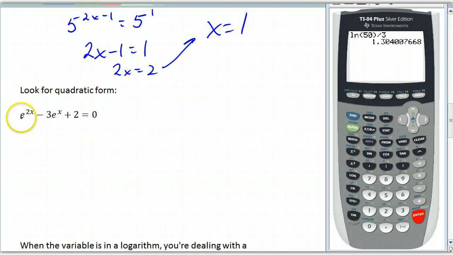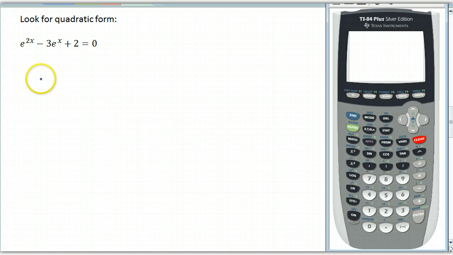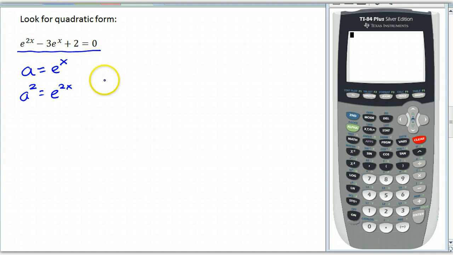Keep your eye out for problems that are in the quadratic form. For example, you'll notice that e to the 2x is the square of e to the x. So we're going to use a dummy variable, a temporary variable, and let it equal e to the x. That means a squared is e to the 2x. Now let's rewrite our original problem in terms of a.